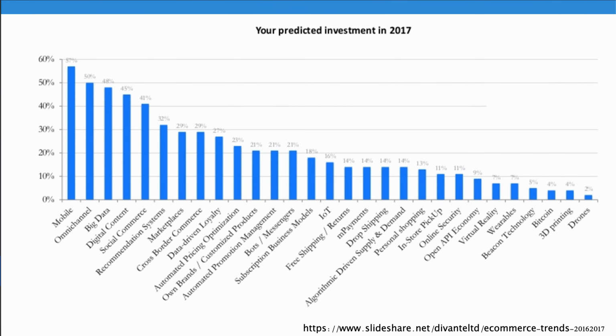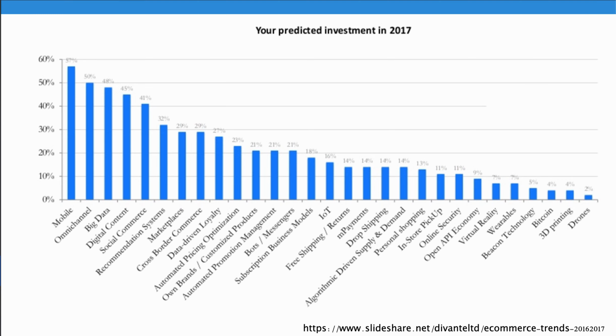There are lots of investments, and this is an older chart of investments that a couple of large organizations were looking to make in terms of e-commerce trends that we see today. So some of the big trends you see today would be mobile. Practically almost every e-commerce entity is considering having some type of a mobile app, and this is a big movement.